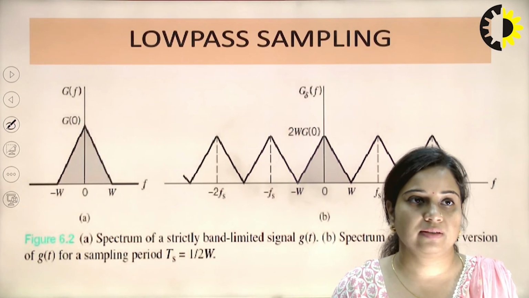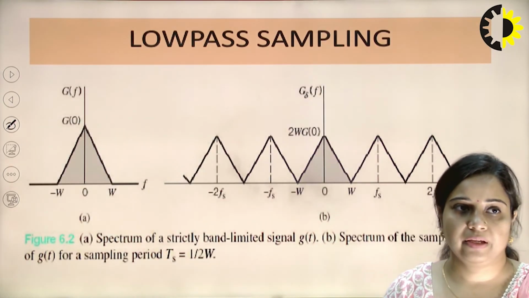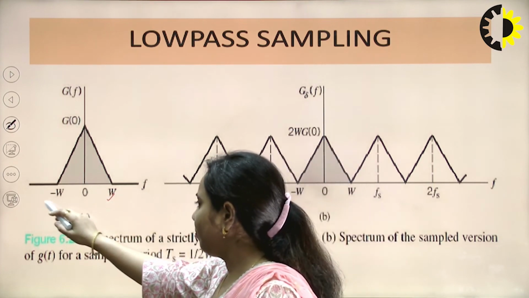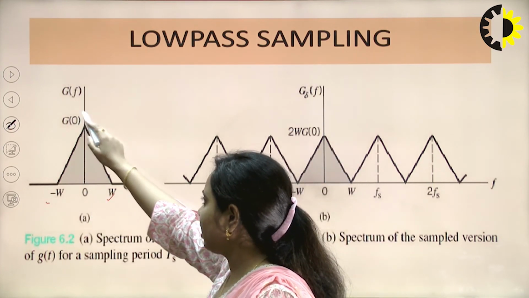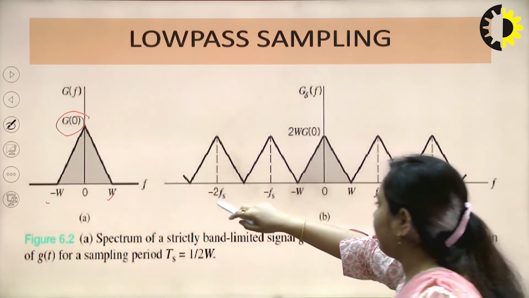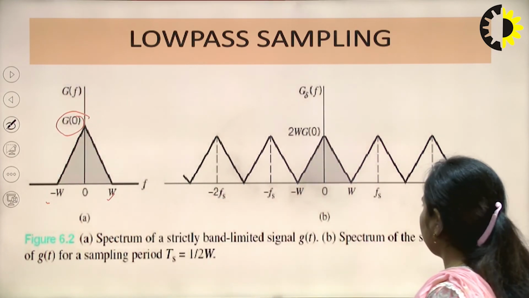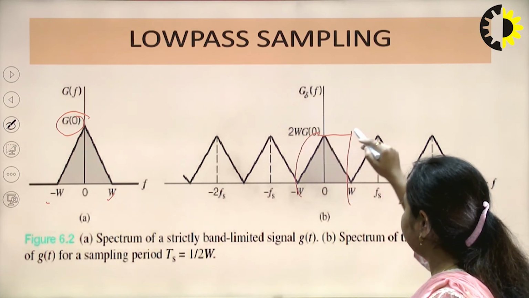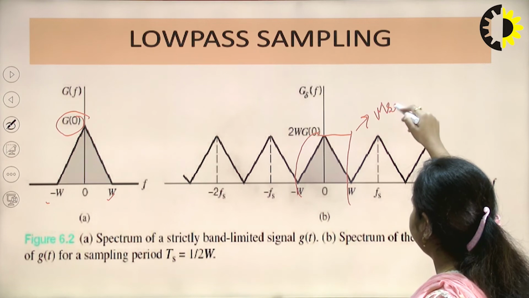Nyquist criteria is there. Now low pass sampling: this is the filter which will extend from -W to W. The amplitude of this is G0, this is G(f). This will extend from -2Fs to +2Fs, and this will be the bandwidth of the message signal.